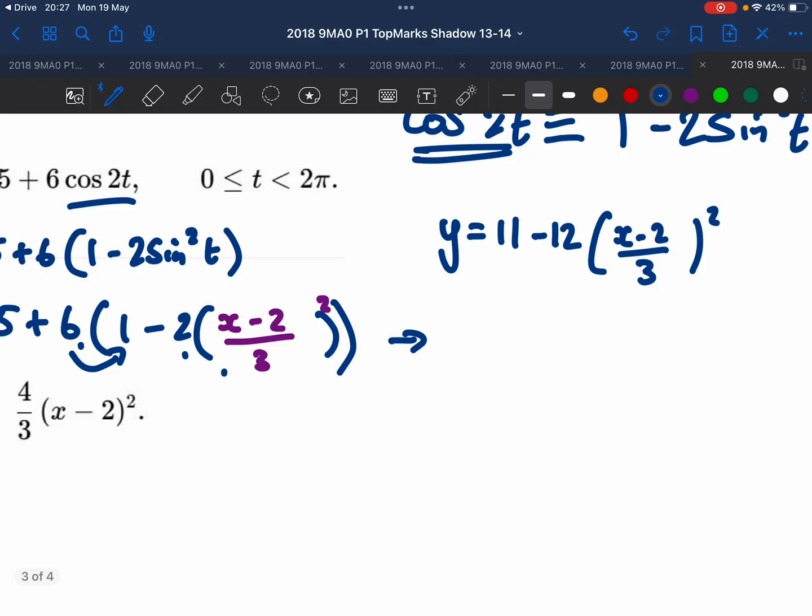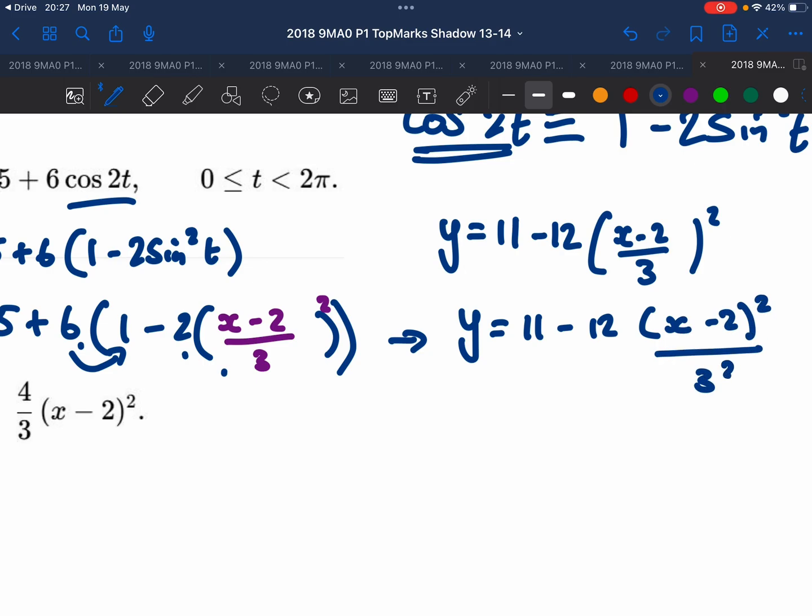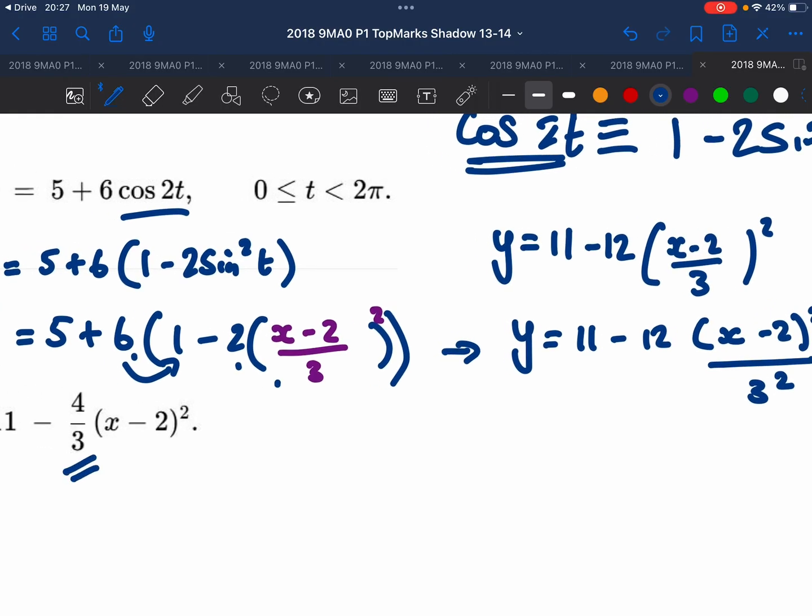Okay, so next we need to remember that the indices are going to come first before the 12. So let's do y equals 11 minus 12. You know, we could have done this in the previous step, but we don't really need to rush it. So it's equivalent to this sort of result here, okay? And the 3 squared is actually a 9. So that's where this bit's going to come from.